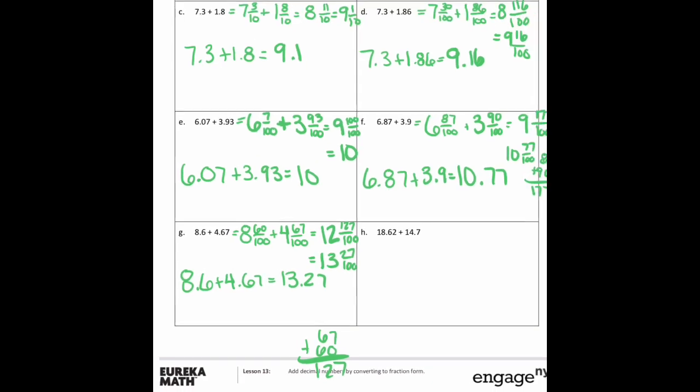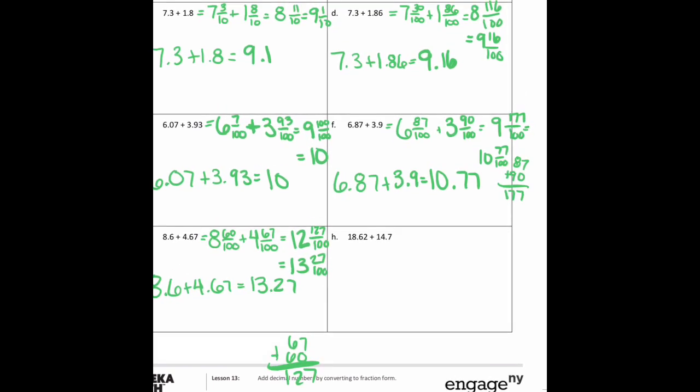Okay, very last one. 18.62 plus 14.7 would be 18 and 62 hundredths plus 14 and 70 hundredths if we're doing it in hundredths. Well, 18 plus 14 is going to give you 32.